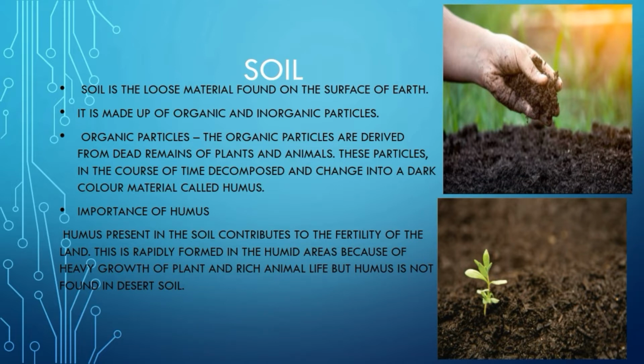First is organic particles, which are derived from dead remains of plants and animals. Then the next is humus. So these organic particles, in the course of time, decompose and change into a dark color material that is called humus.